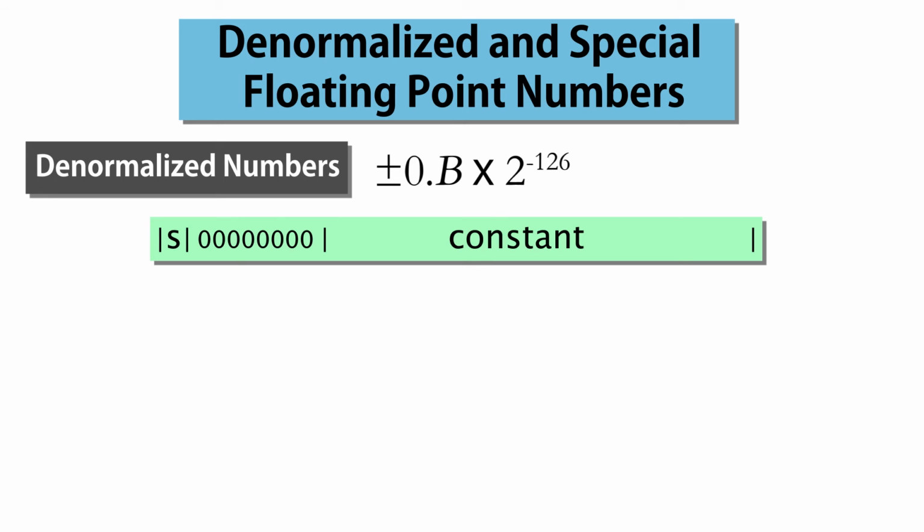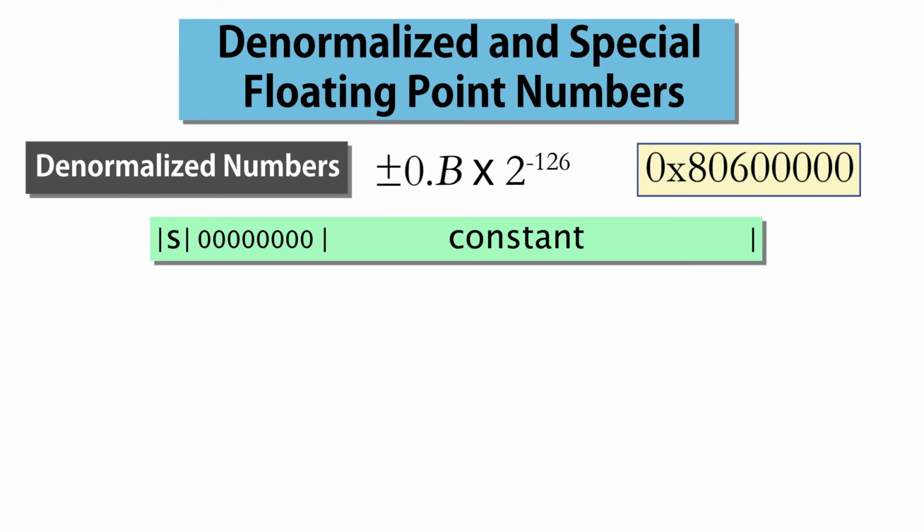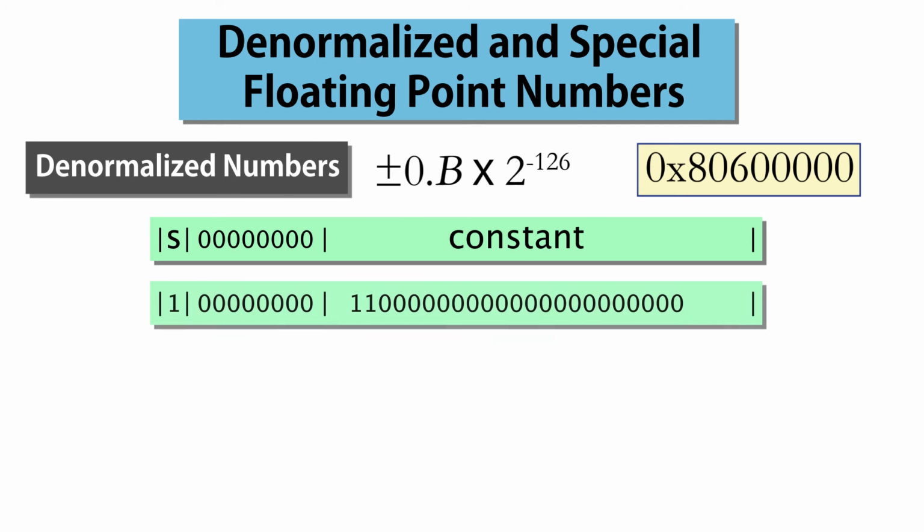Let's look at an example. Suppose we have the hexadecimal string shown here and wish to interpret this as a 32-bit floating point number. In binary, this is the bit string shown here. Since the exponent field is all zeros, we see that this is a denormalized number. Since the sign bit is 1, it's negative. And finally, the constant is 0.11.